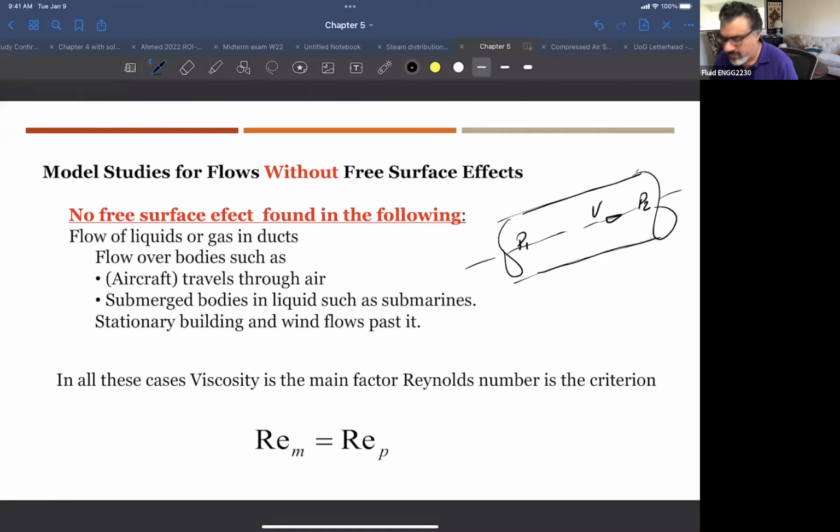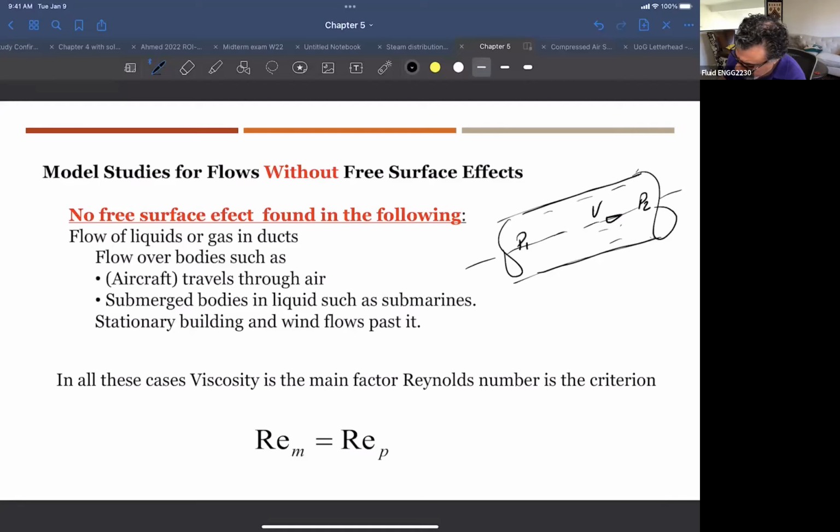The pressure inside the fluid in this pipe could be different, which means that when we have a problem that doesn't have a free surface, and the fluid is moving in ducts like this, either gas or liquids, those are Reynolds number problems.